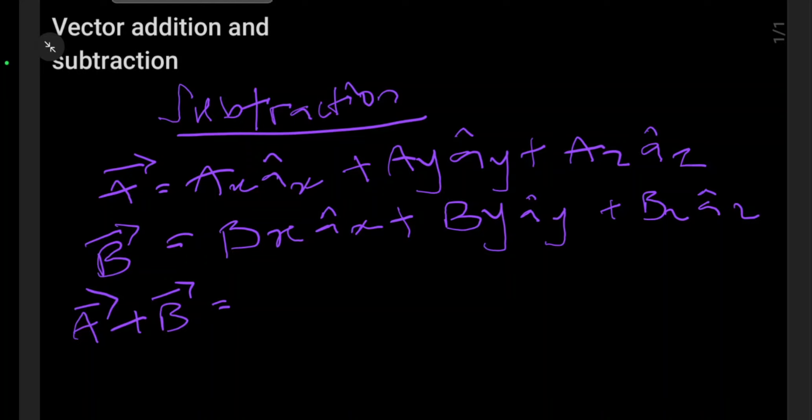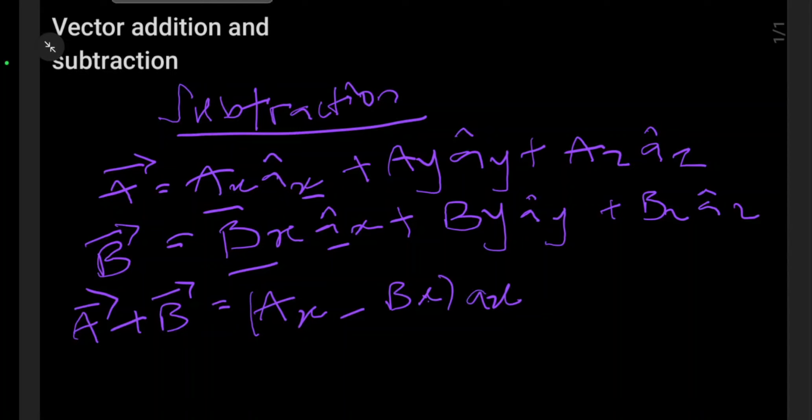We do it component by component. That is, we have our ax plus minus bx, since we're subtracting bx. Let's not forget our unit vectors here. We'll just factor them outside.